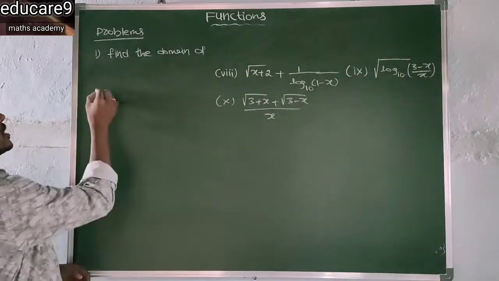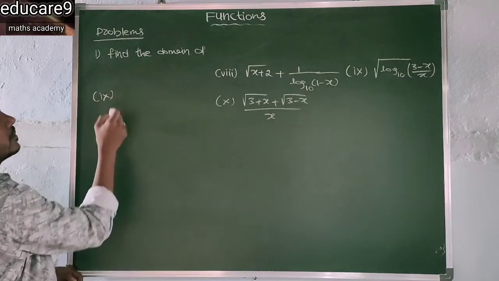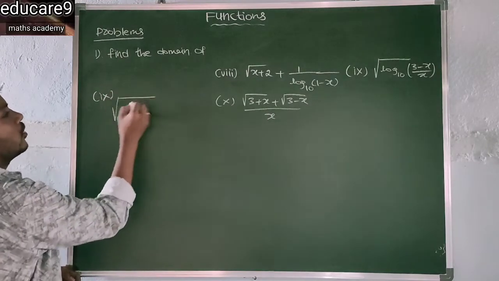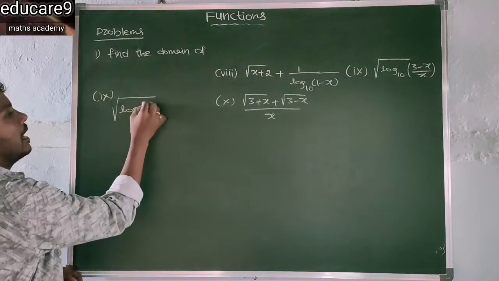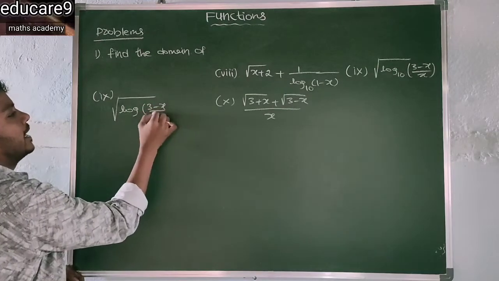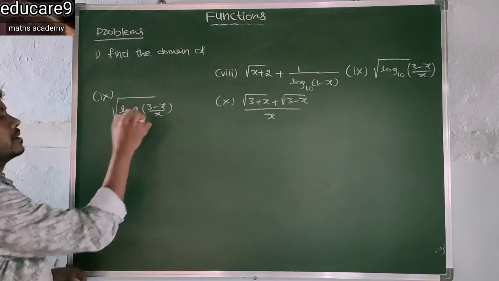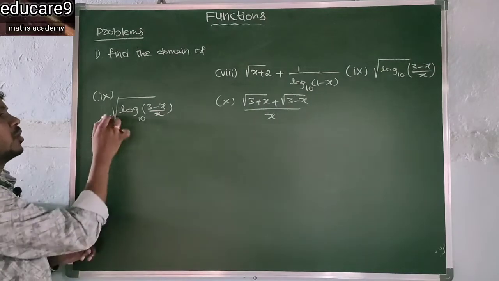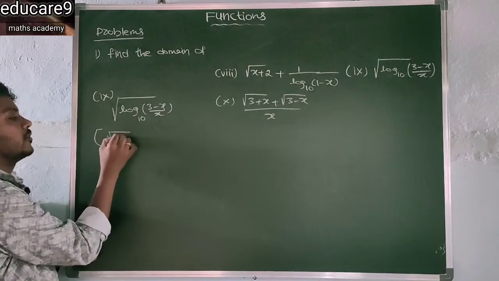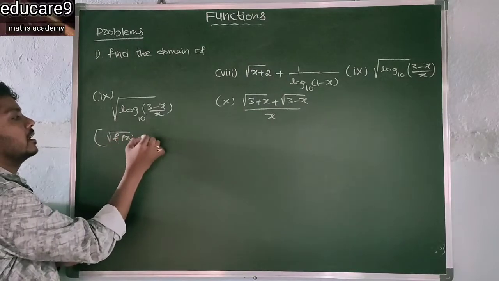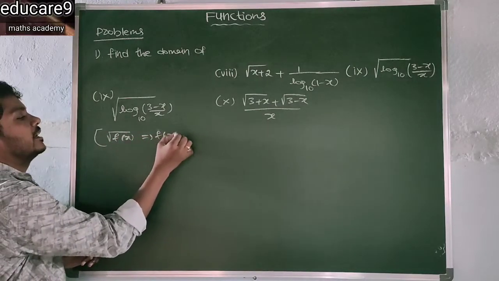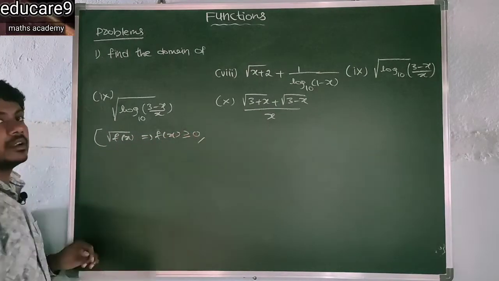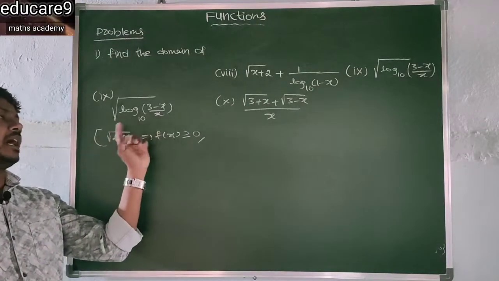So see the ninth question. Square root of log of (3 minus x) by x, base 10. See here, it is in the form of root f of x. If root f of x is there, f of x values are greater than or equal to 0. And one more condition, log f of x.